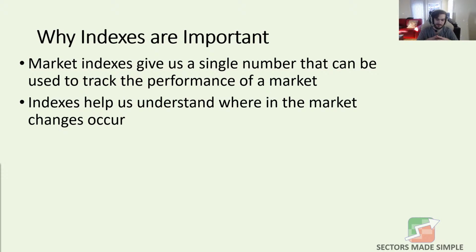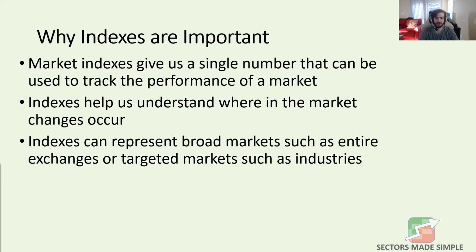All an index means is that it tracks something that a bunch of companies, or more than one company, has in common. So indexes can represent broad markets such as the New York Stock Exchange, or targeted markets such as industries. For example, we could have the S&P 500, and we'll go over what that is in a minute if you're not familiar, but 500 of the largest companies in the US market.